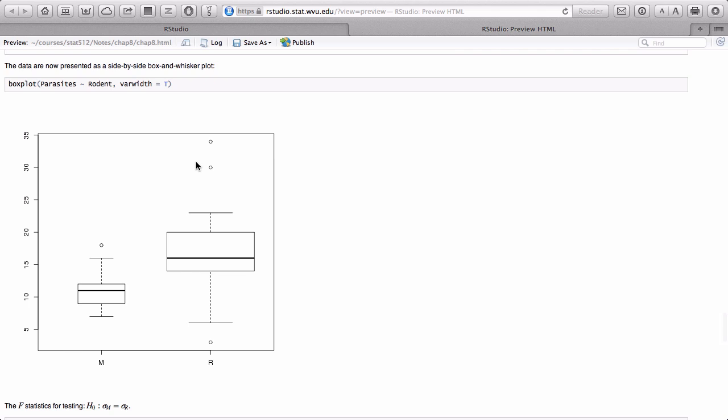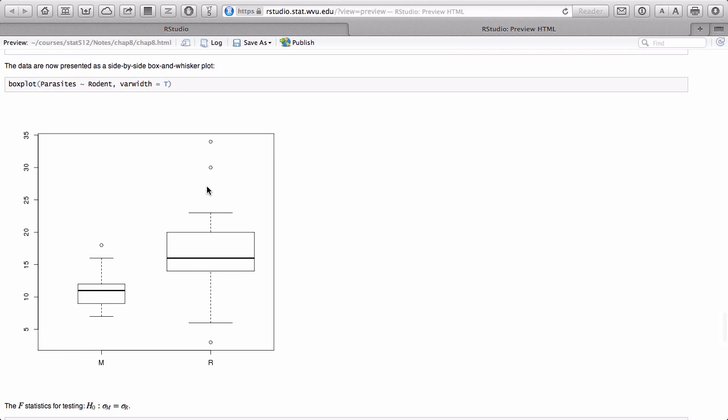Now, notice these points up here. What are they? And the point here. Well, these are outliers. If you had a normal distribution, you shouldn't see that happen very often. So the fact that you have those points appearing means that they're a little more extreme.